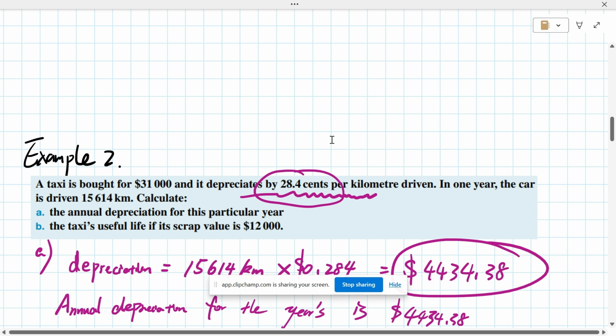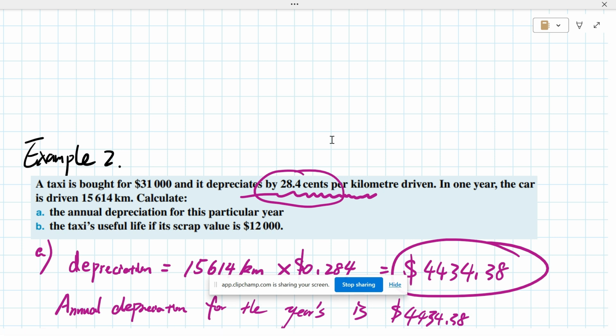Another question is about a taxi. The taxi was bought for $31,000, and depreciates at 28.4 cents per kilometer driven. After 1 year, the driver has driven 15,614 kilometers. We're going to find the annual depreciation for this particular year.